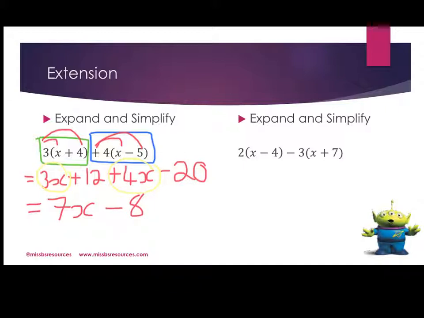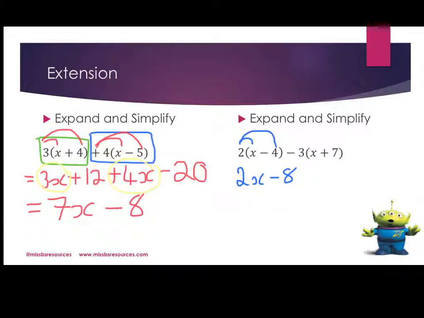Okay, next one, example, expand and simplify again. So we're going to look at our first bracket first, which is 2 times x and 2 times minus 4. Remember the minus. So 2 times x, which is 2x, and 2 times minus 4, which is minus 8. Then we're going to look at the second bracket.